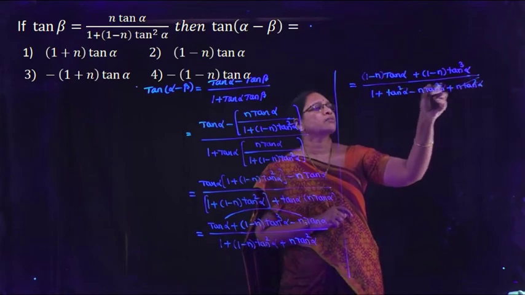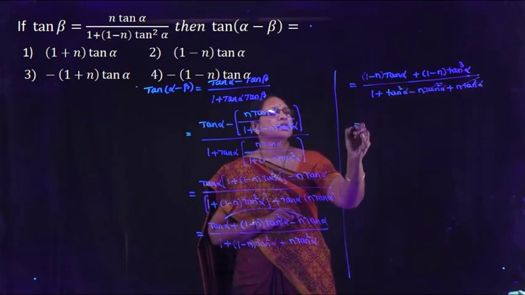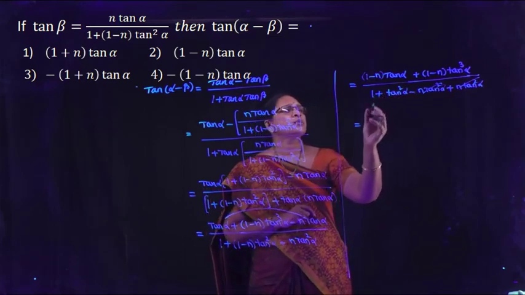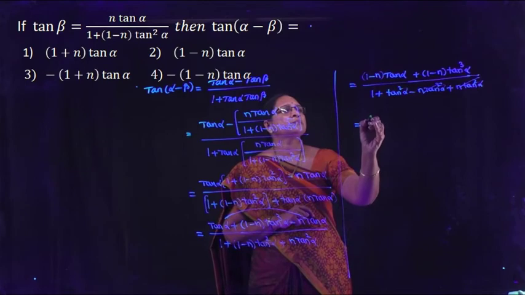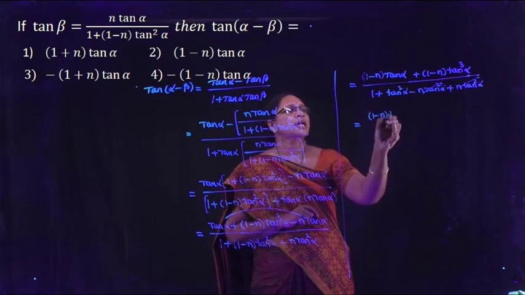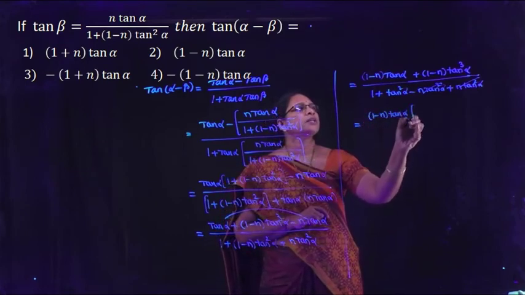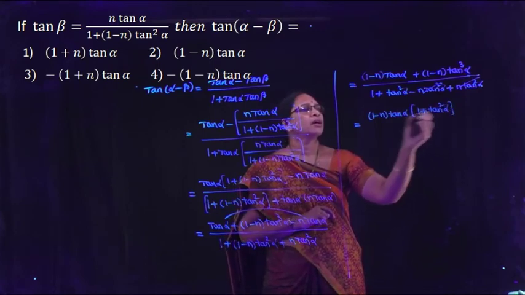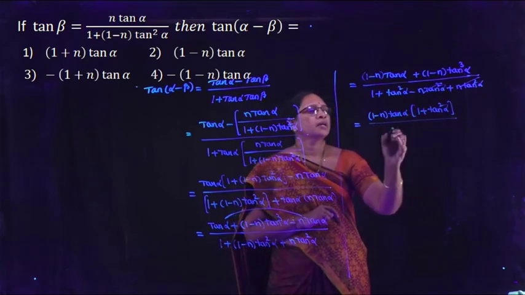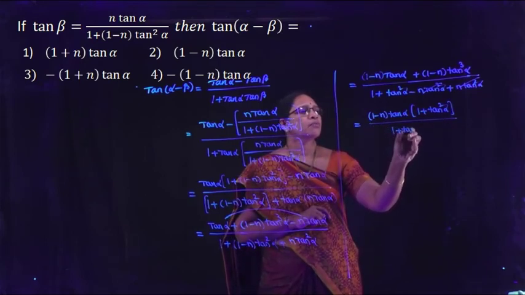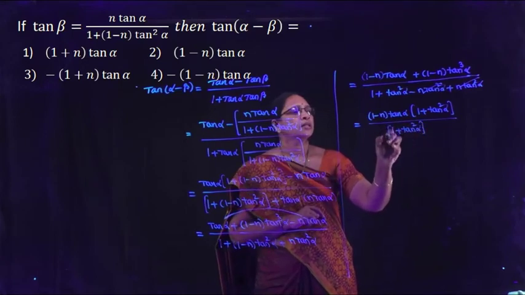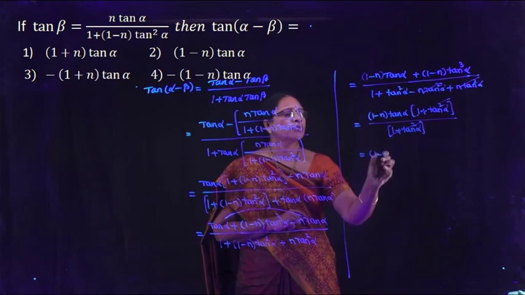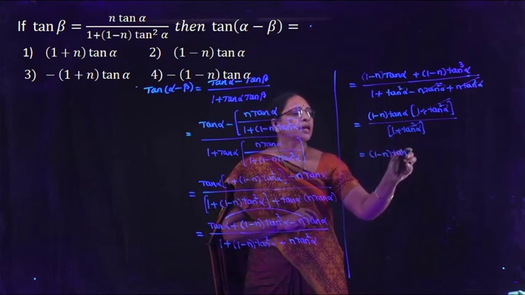Here n tan² α gets cancelled. That is equal to, in the numerator part, (1 − n) tan α common, (1 − n) tan α into (1 + tan² α), whole divided by 1 + tan² α. Here 1 + tan² α gets cancelled. That is equal to (1 − n) tan α.